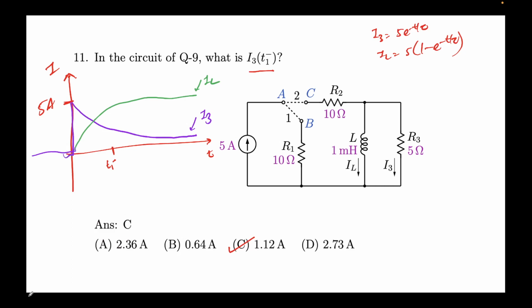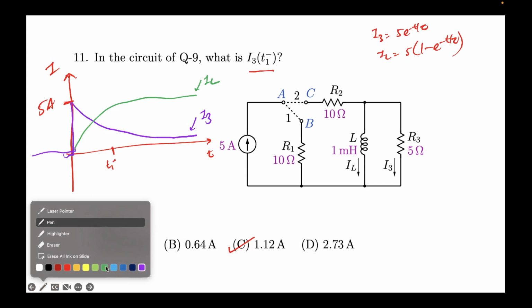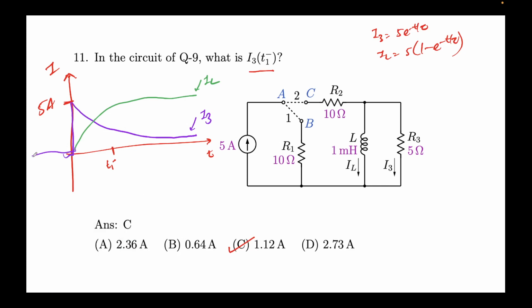Sorry for the bad drawing. The green curve we also noticed was 0, but I3 had a sharp jump. IL cannot change sharply because then you will violate many principles.